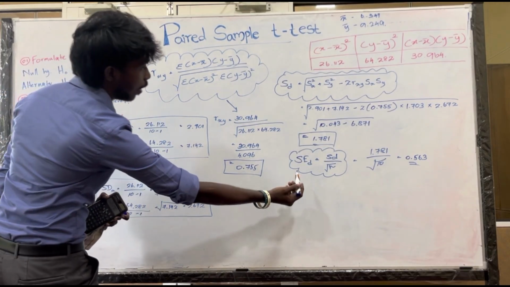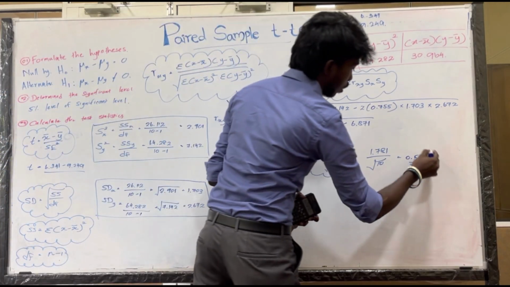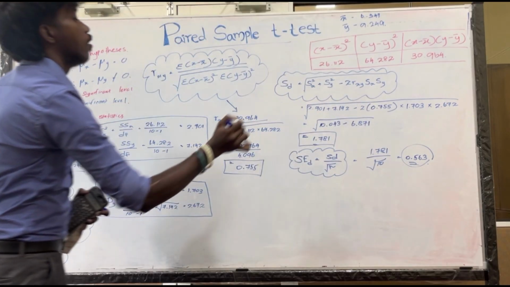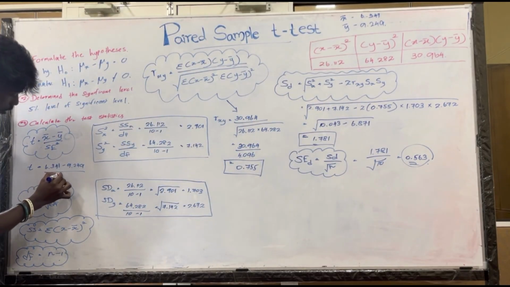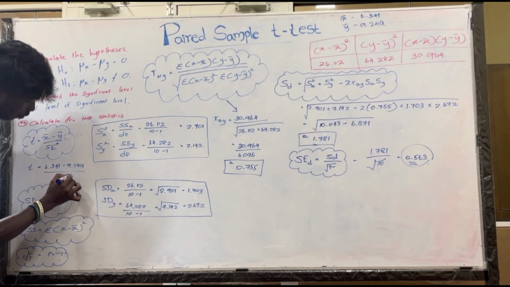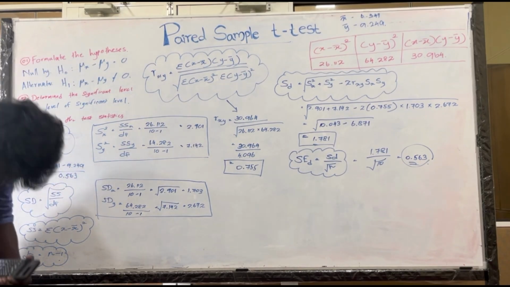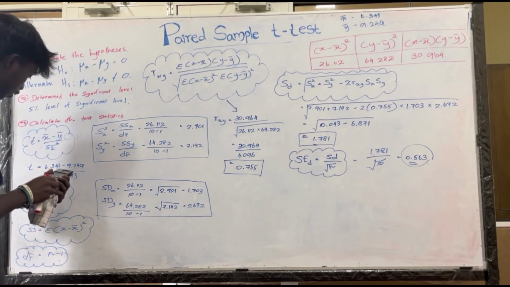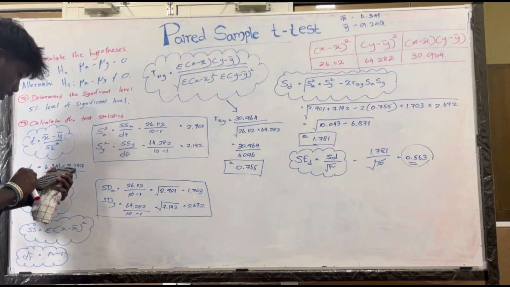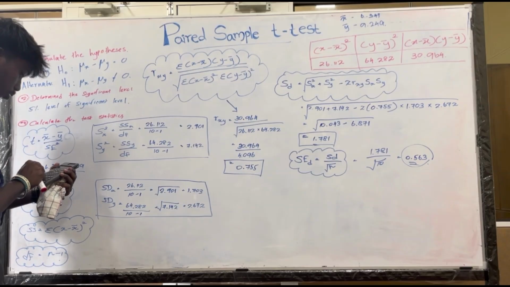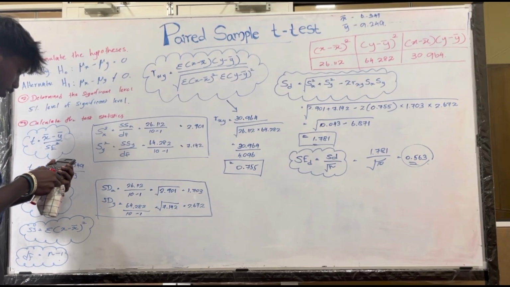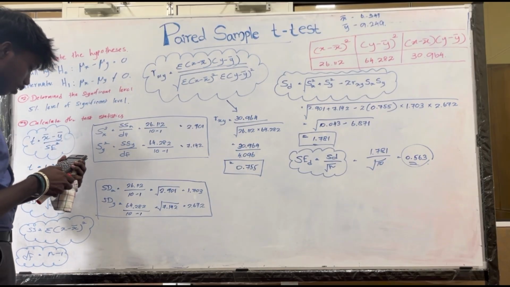The standard error of the difference is this value, 0.563, and the mean difference divided by it. We can get the answer: 6.310 minus 9.429, and that answer divided by 0.563.